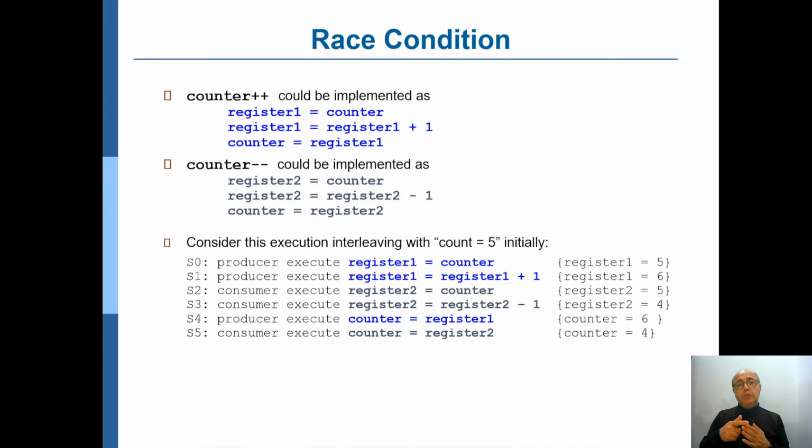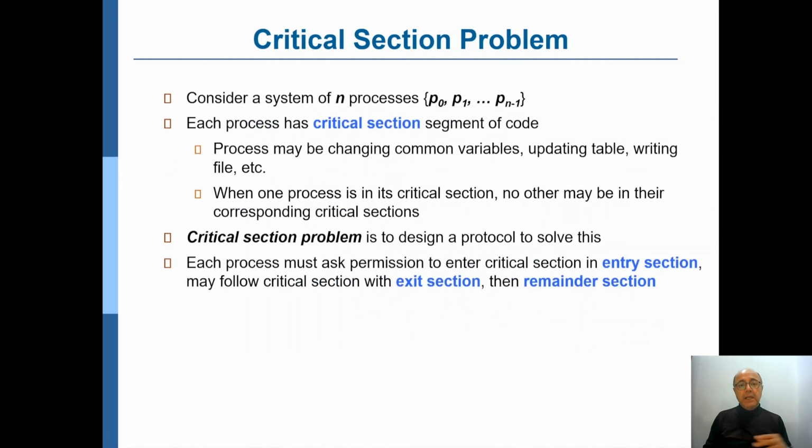Please don't interrupt me. Please don't do a context switch in between. You want to do a context switch, do it now, or do it afterwards, but not in the middle. Okay? That's what we call a critical section.